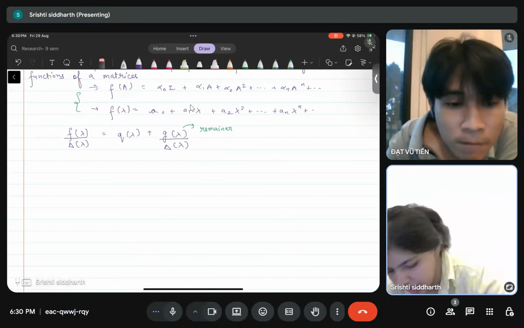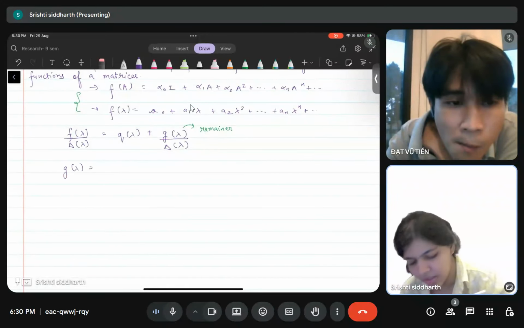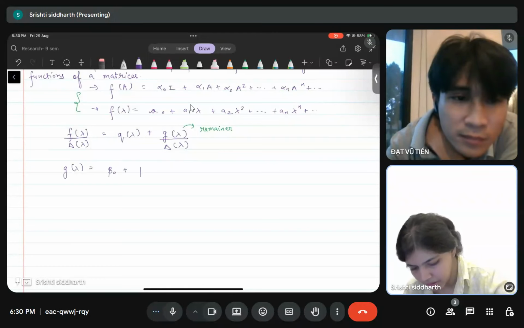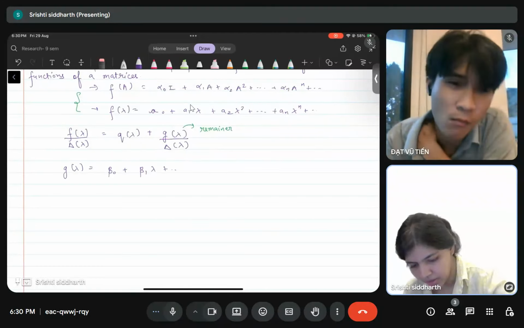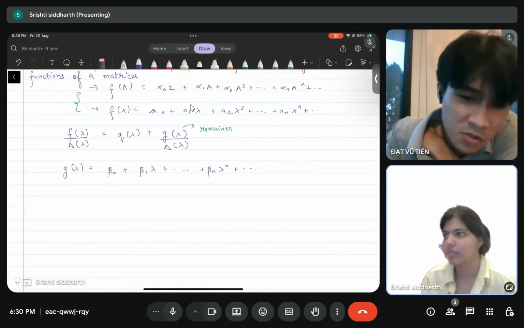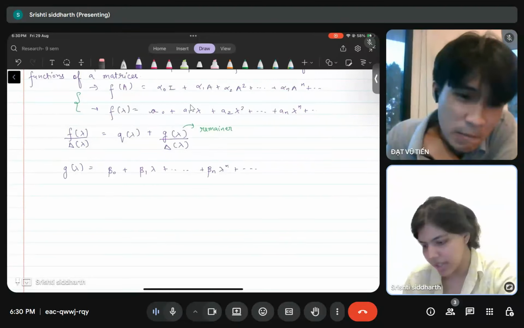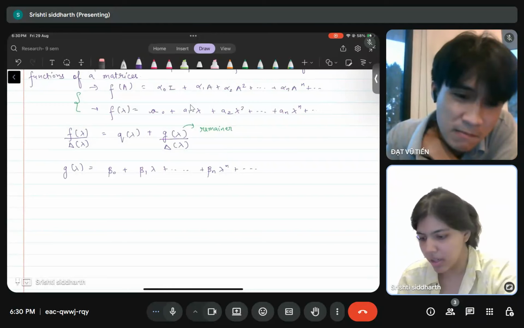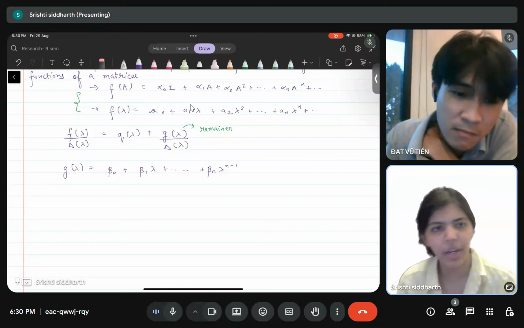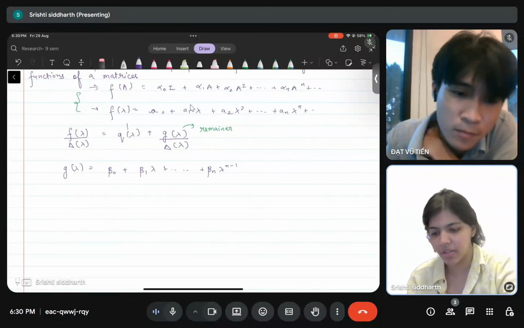G lambda equals, maybe with some other coefficients, beta 0 plus beta 1 lambda and so on. Let's say it was an n degree polynomial, and if it's a remainder, this goes till n minus 1, right? Because the other powers are in Q lambda.